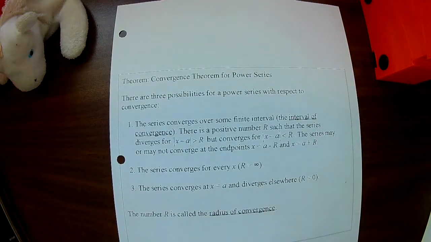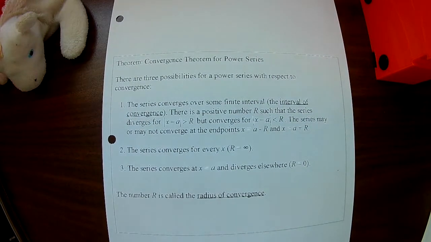Okay. Now, convergence theorem for power series. This is something that is not going to be on the test because it's about the radius of convergence. So the series converges over some finite interval, the interval of convergence. There is a positive number r such that the series diverges for the absolute value of x minus a greater than r, but converges for absolute value of x minus a less than r.